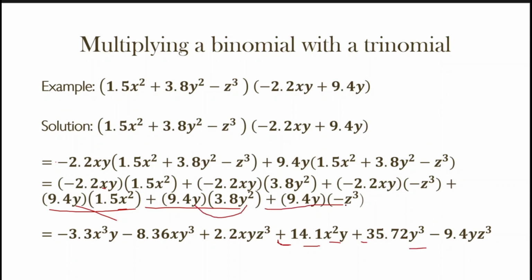Now plus 9.4y minus z cube. Again minus is present an odd number of times, so the answer is negative. We got 9.4 multiplied with the coefficient of z cube, which is 1. So 9.4 multiplied with 1 is 9.4, and y multiplied with z cube is yz cube.